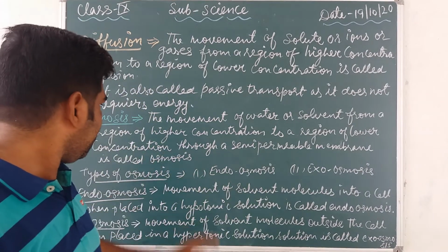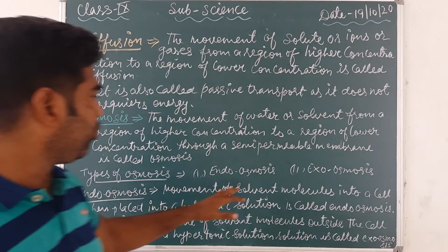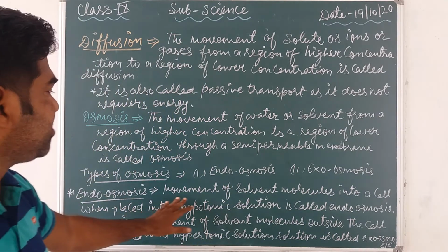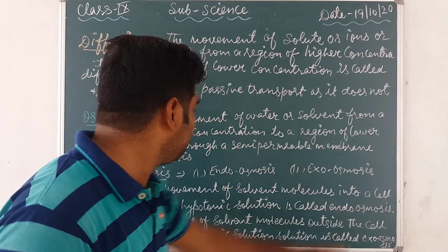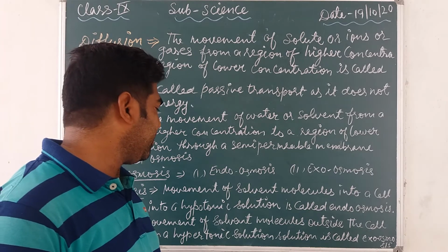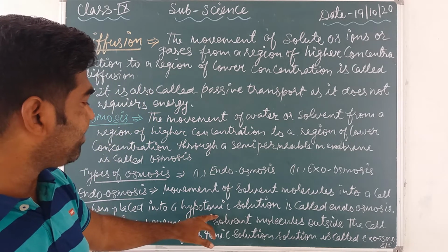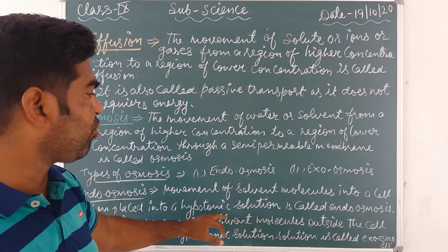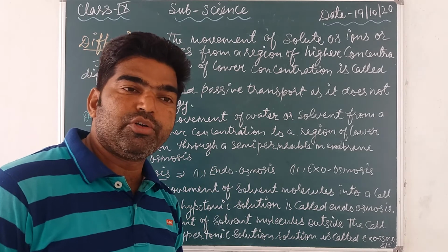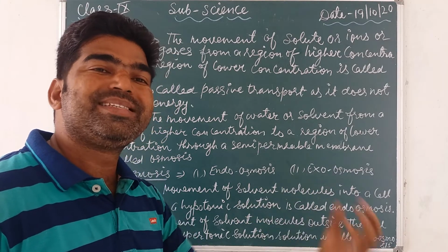ओके. Now there are two different types of osmosis, as I told you, endoosmosis and exoosmosis. So endoosmosis means movement of the solvent molecules into a cell when placed into the hypotonic solution. Okay, when it is kept into the hypotonic solution. Hypotonic solution means what? The medium or the solution which has more concentration as compared to any cell.